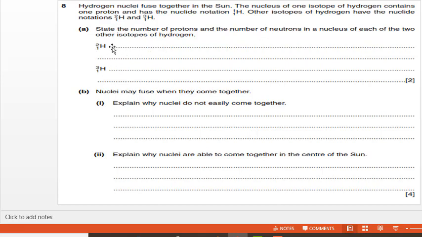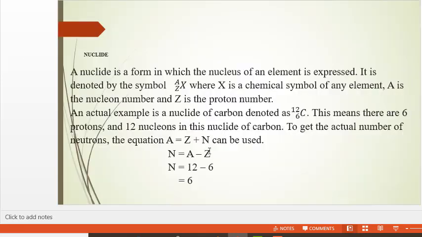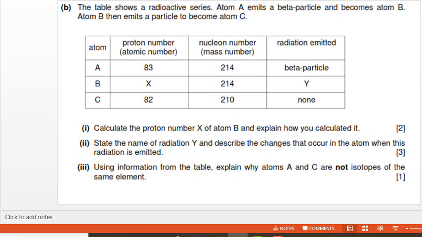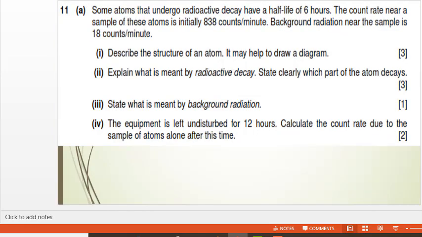So for this one, the number of protons is simply the one below there. That's the number of protons, and the number of neutrons, we calculate by subtracting z from a. N is equal to a minus z, or simply from the number on top you subtract the number below.